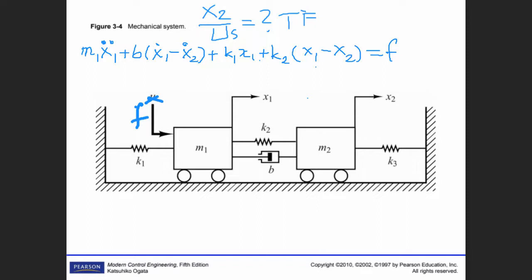Let's write it again together. Mass 2 times x2 double dot.